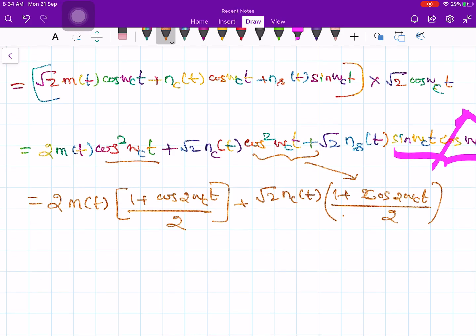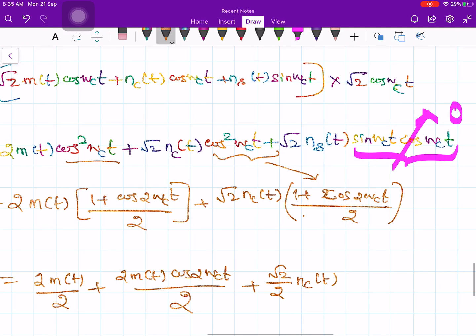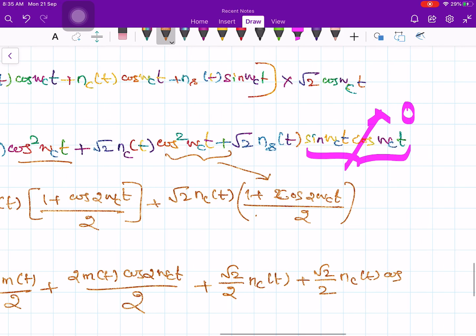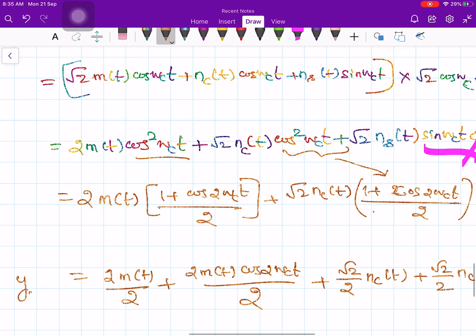Now multiply inside: 2 times m of t by 2, plus 2 times m of t cos 2 omega ct by 2, plus root 2 by 2 nc of t, plus root 2 by 2 nc of t cos 2 omega ct. This is my output. Sorry, not output, output of the product modulator. I am very sorry, this is not the output.